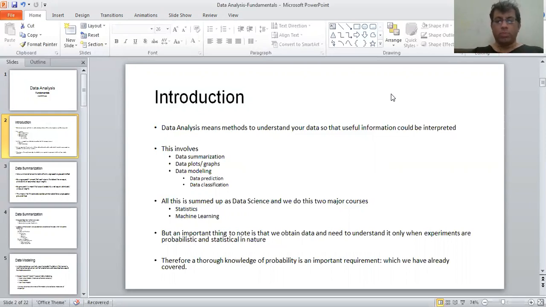So, basically, data analysis involves data summarization so that we can start understanding the data properly, making plots or graphs of the data, and modeling so that predictions and classifications can be made.